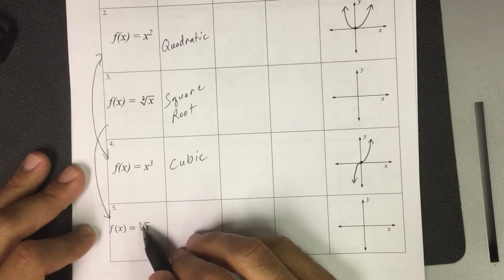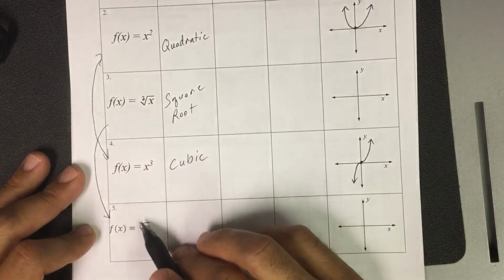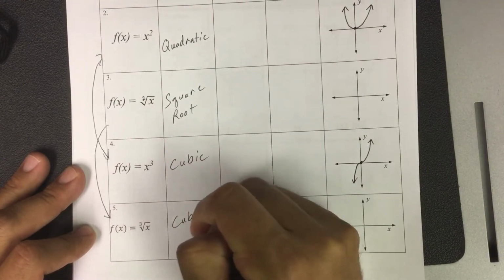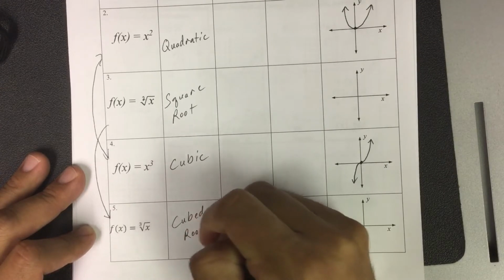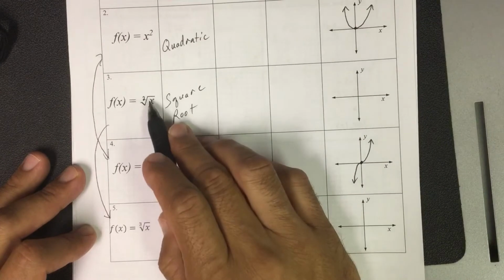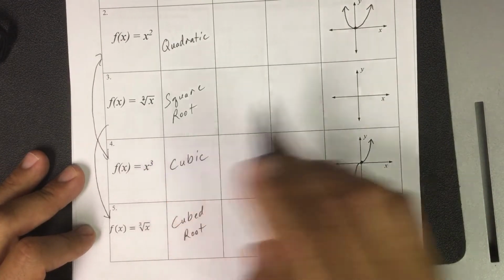This right here changed the number. So if this is the square root, this, because it's to the third power, would be a cubed root. And when I graph them, now remember, if I put a negative number in the square root, I get an error. So we cannot have negative numbers on square root.